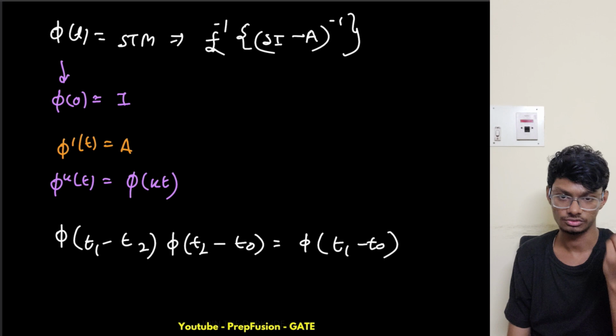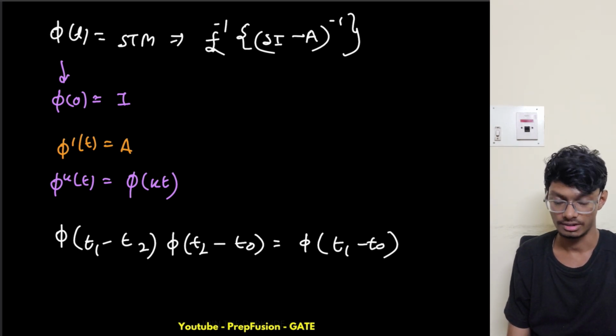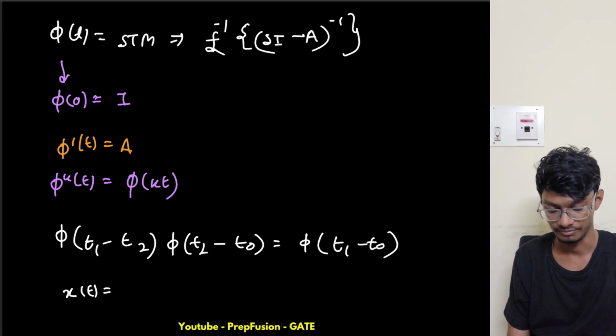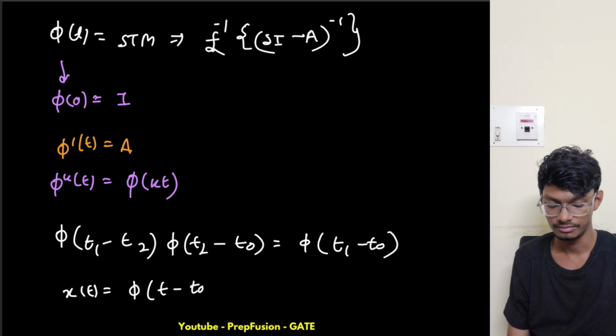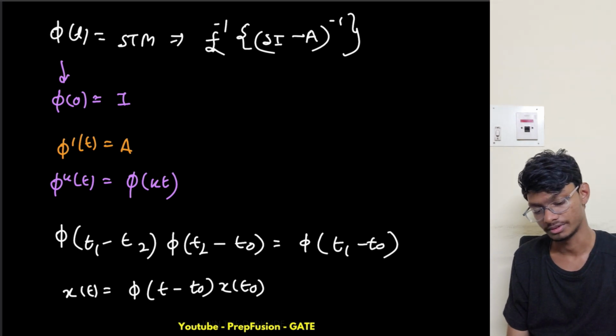Just put it in terms of explanation and you will see. And one other property is that I can write my state variable x of t in terms of phi of t minus t0 into x of t0. So these are a few properties.